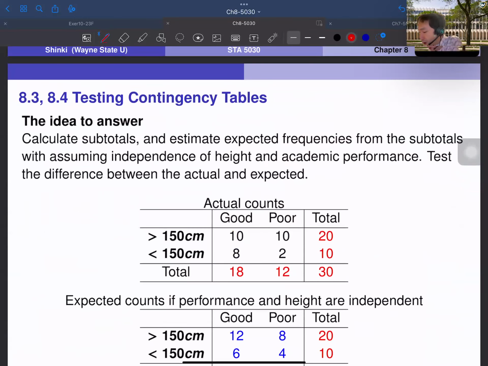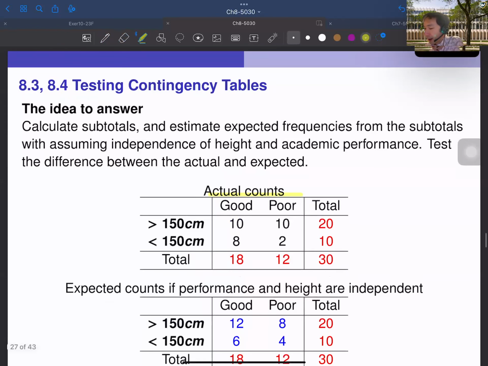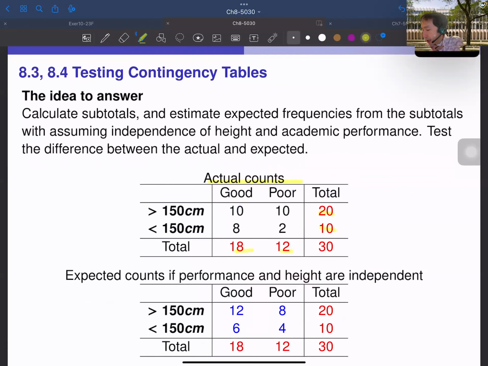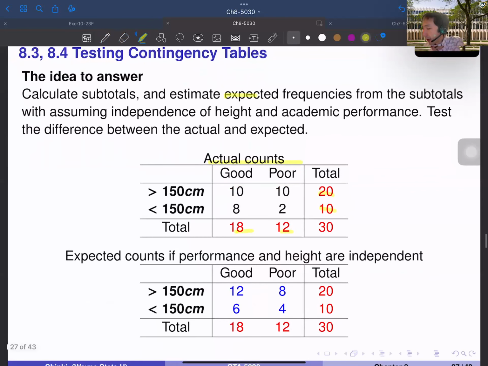But we want to formally test whether the academic performance and the height are related or not. And here is an idea. We have this actual table of actual counts, but we also calculate the subtotals and the expected frequencies of these 4 cells, assuming the independence of height and academic performance.